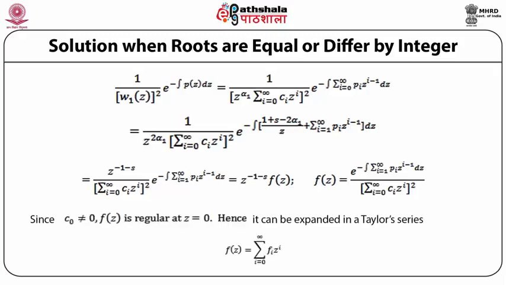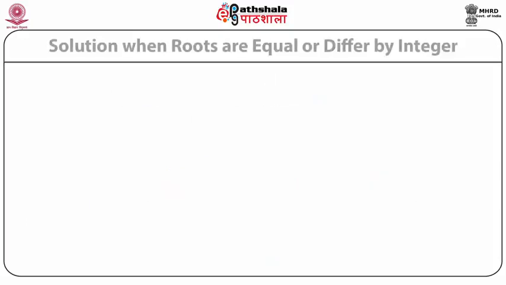Since c naught is not 0, f of z is regular at z is equal to 0. Hence, f of z can be expanded in a Taylor series about z is equal to 0, which results in f of z is equal to summation i going from 0 to infinity f i into z raised to power i.